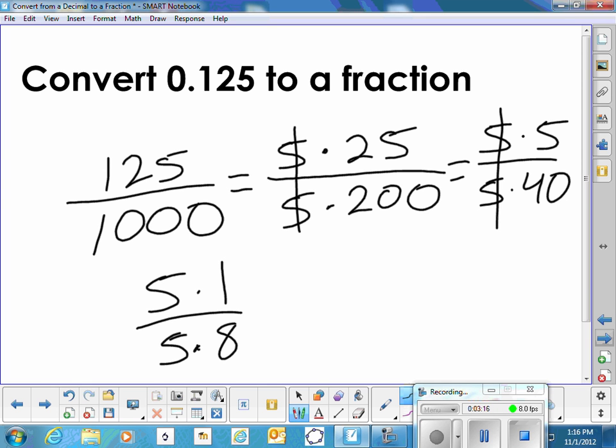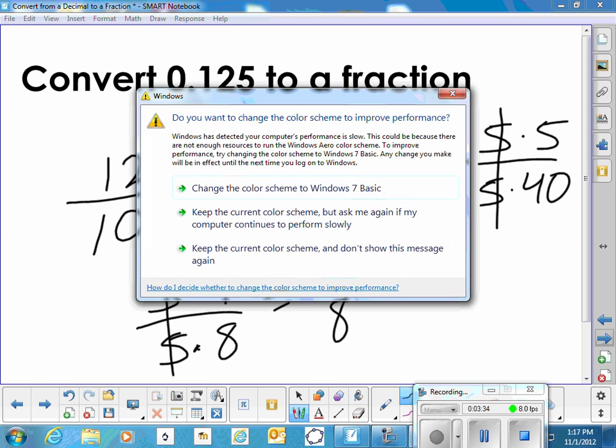I just happen to know that 5 times 8 is 40. If you don't know that, just go ahead and divide the 40 by 5 and get 8. So 0.125 as a decimal is 1/8 as a fraction. The same value, just written in different forms.